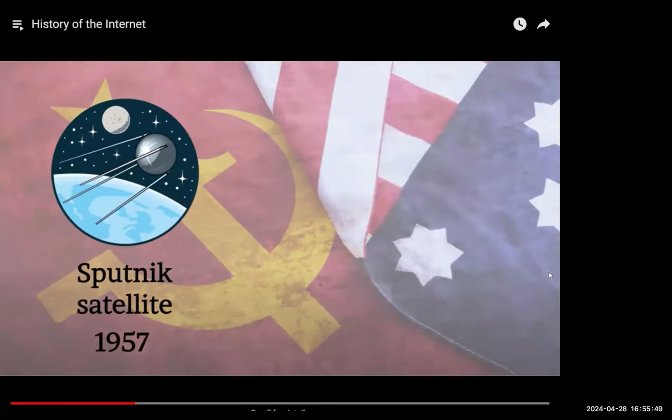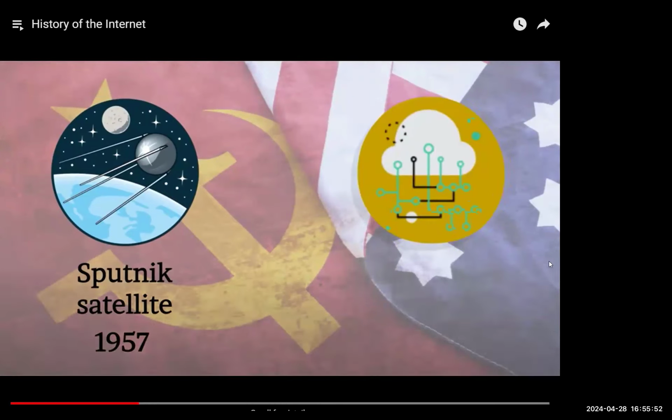It was, in fact, the Cold War and the Soviets' launch of their Sputnik satellite in 1957, which prompted the U.S. Defense Department to invest in ways of developing such a communication system, one which would allow information to flow, even in the event of nuclear attack or a war.